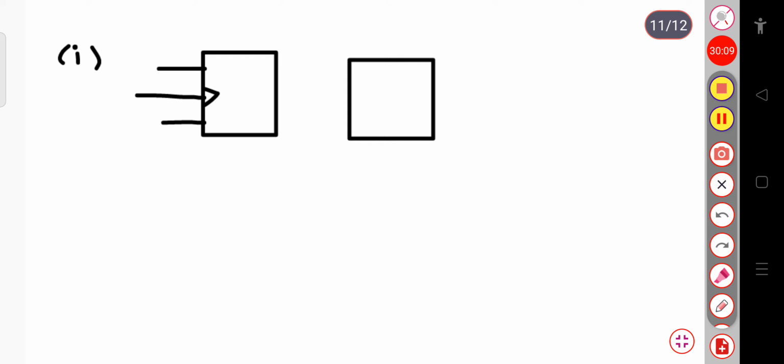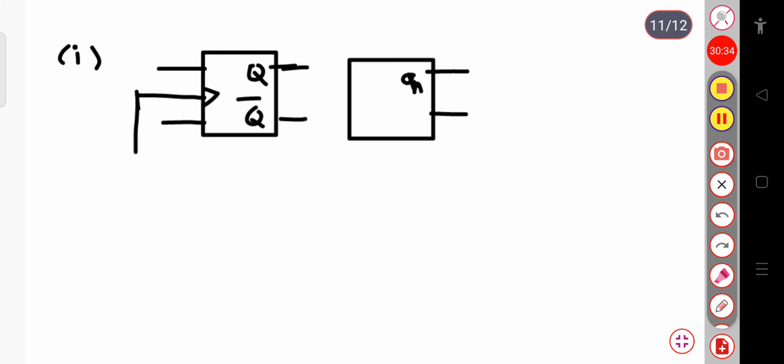This one is my output, and here is also the output. This is suppose Q, and this is Q bar. And this is also the output, suppose Q A, and this is Q A bar.